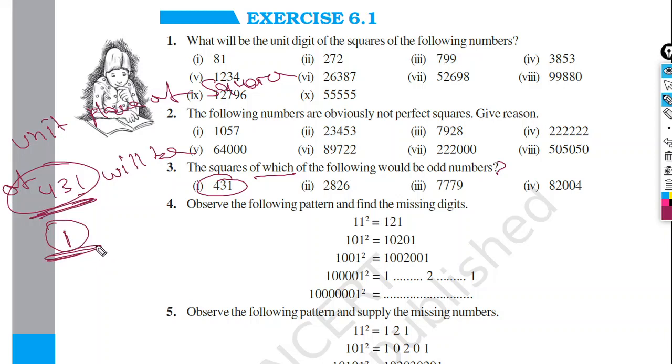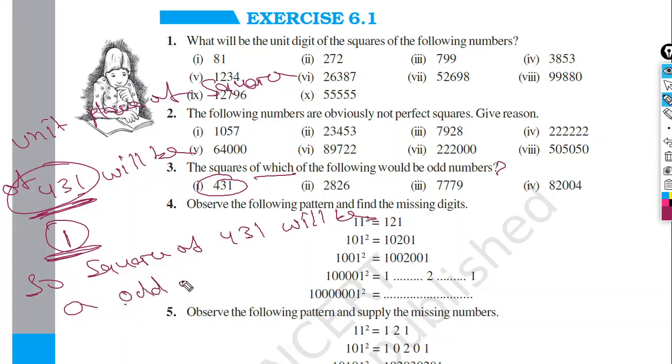So we can say the square of 431 will be an odd number. In this way you can write.